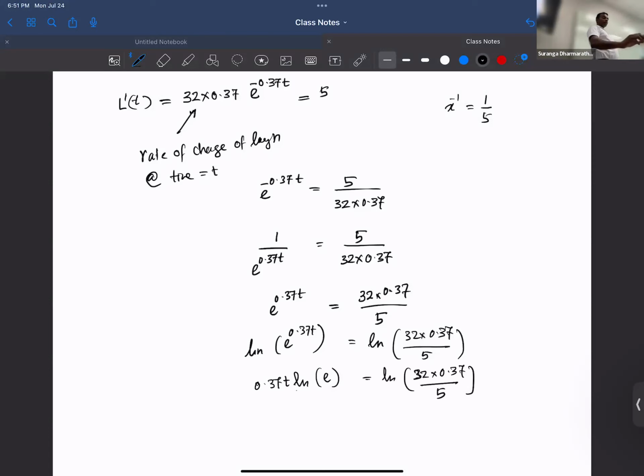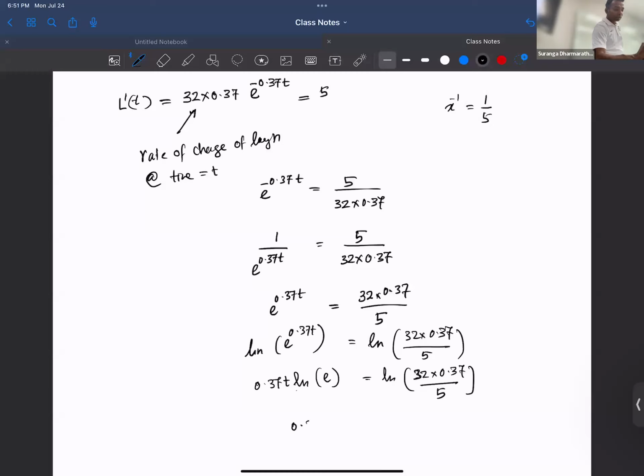So what is natural log of e? What is natural log of e? 1. Very good. Natural log of e is equal to 1, just like log 10 of 10 is equal to 1. Right? Log a of a equal to 1. Natural log of e equal to 1.